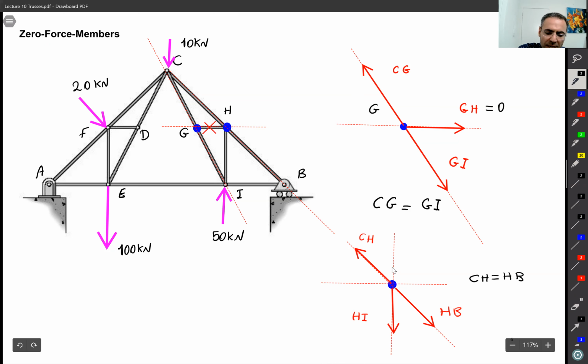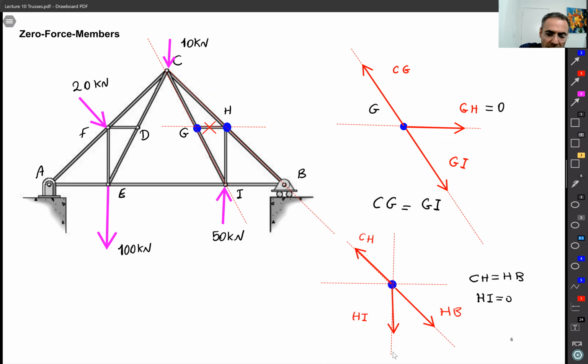And there is nothing to cancel this HI, so this HI must be equal to 0. Okay, so again, another useless member here. It doesn't do anything. It's just there, but the force is 0.